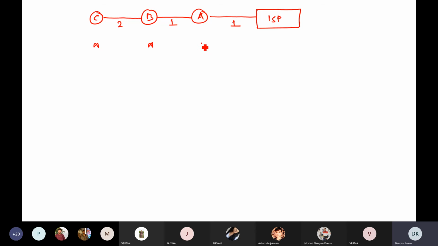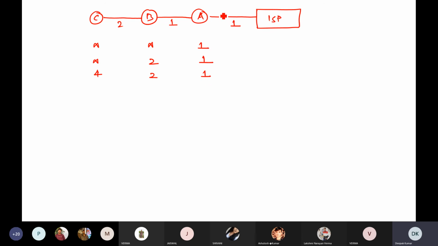But A will update its information as 1, the distance between A and ISP. Now this information is shared to B, so accordingly it will update as 2 and it is infinity. Now after the second time, this 2 will be shared by B to C. So C will update its information as 4, it is 2, it is 1. From here to here there is no problem, everything is fine.